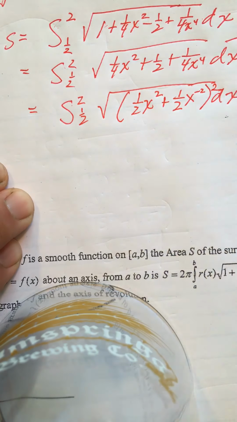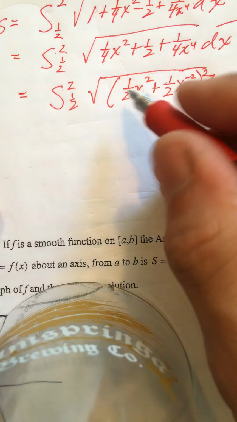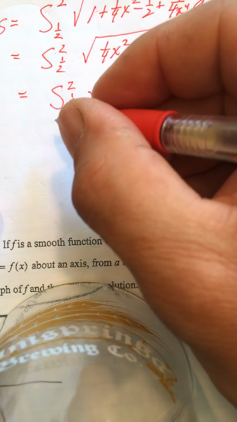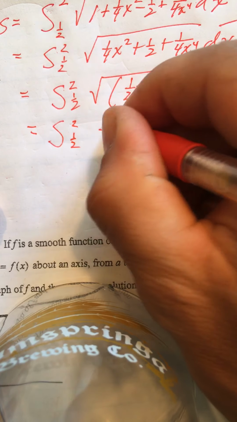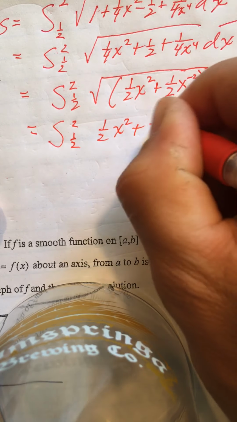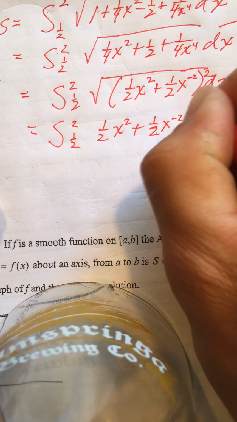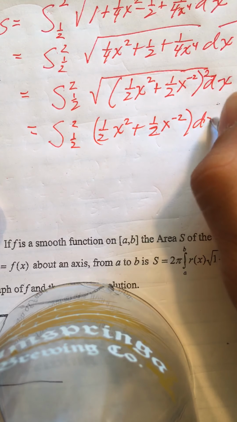Okay, squared. So now this square and the square root cancel, and I'm left with the integral of 1/2 x squared plus 1/2 x to the negative 2 dx.